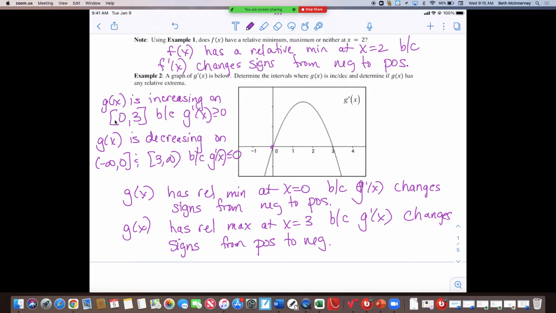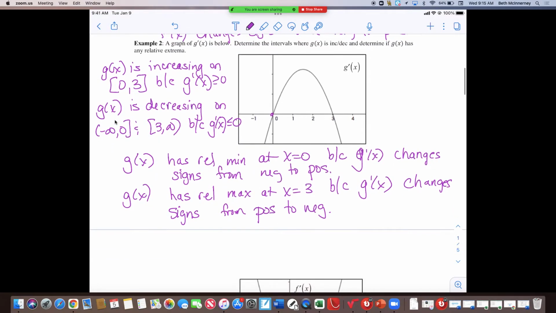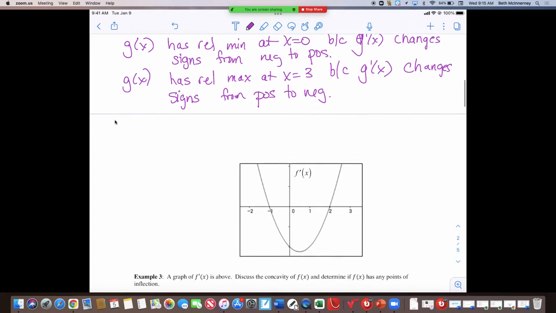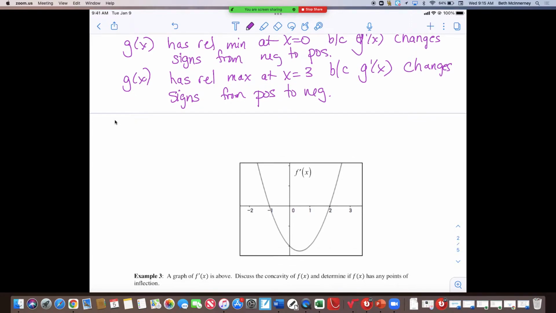So let's take it up a level. For example 3, it says a graph of f prime of x is above. Discuss concavity of f of x and determine if f of x has any points of inflection. All right, so stop and think here a little bit. This is f prime. Think about what you need to know for concavity.